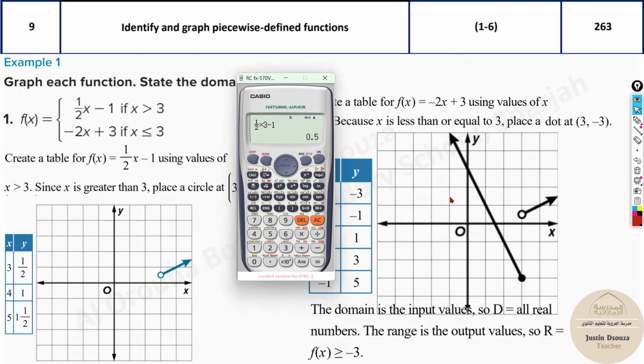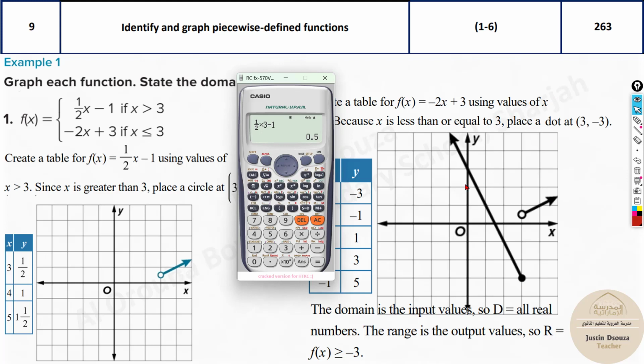This is linear, so it's always all real numbers. R is range, which is also all real numbers for a linear function, but for piecewise it is not like that. Look at this. This is going up, but is there any part of the graph going down? No. So range is all the values above this, because the y-axis is only above this.